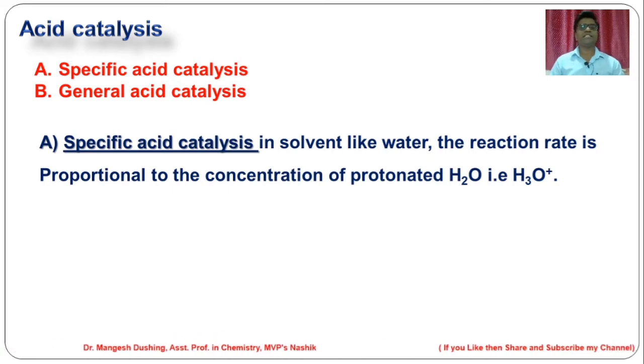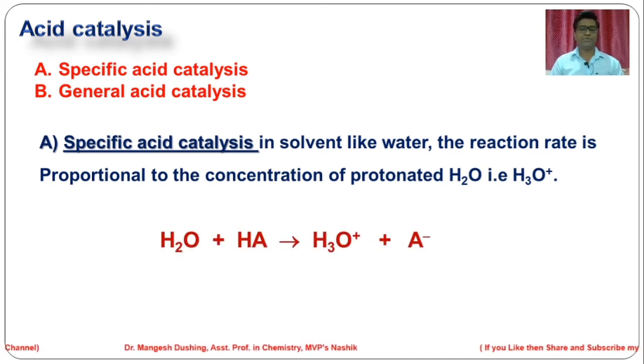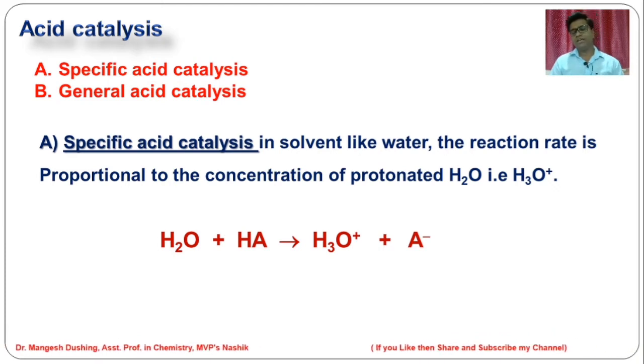In specific acid catalysis, in a solvent like water, the reaction rate is proportional to the concentration of protonated water, that is H3O plus. So the rate of reaction is directly proportional to the concentration of protonated water, H3O plus. That is called specific acid catalysis. This is the general reaction: H2O plus acid gives H3O plus and the conjugate base, A minus.